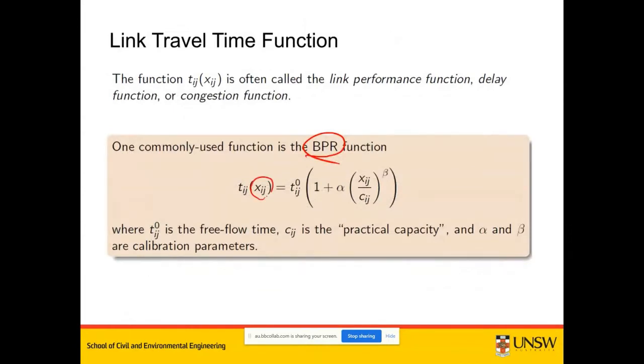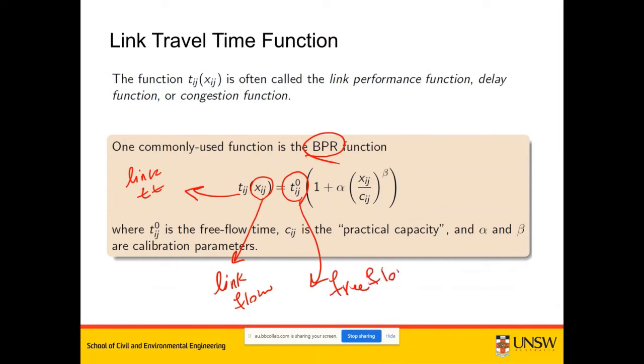Anyways, Xij is my link flow, right? Tij is my link travel time. Tij0 is called the free flow travel time, meaning when nobody is on the network, what is the link travel time?